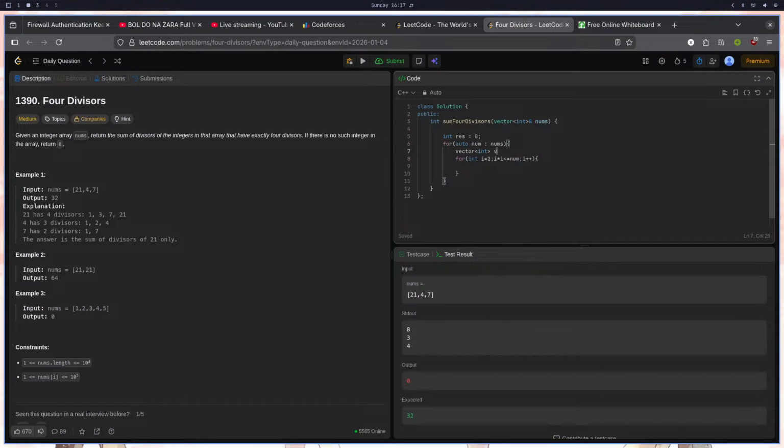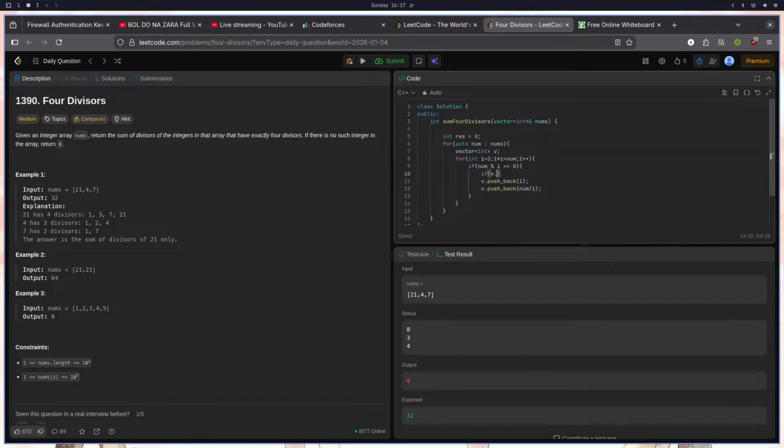int v. If num % i == 0. I mean, but ये हुआ तो then it should be never to 0. v.push_back(i), v.push_back(num / i).